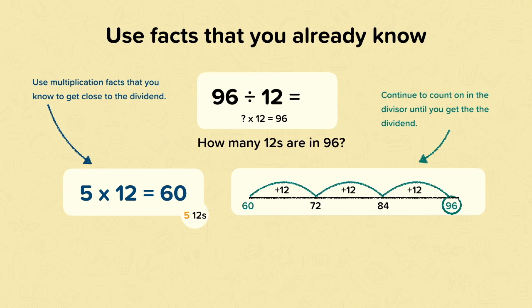So we know that there are 5 12s in 60, and then from 60 to 96, there are another 3 12s. So we need to add on these extras. So we add the 3 12s. So in total, there are 8 12s in 96. So the answer is 8.